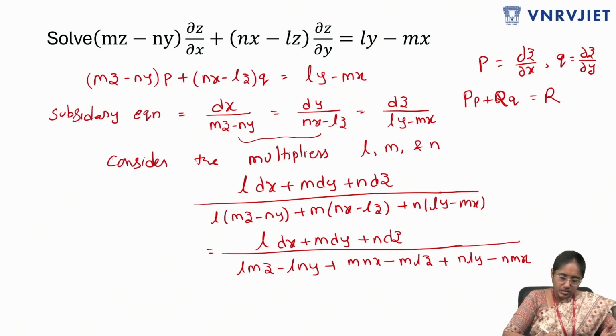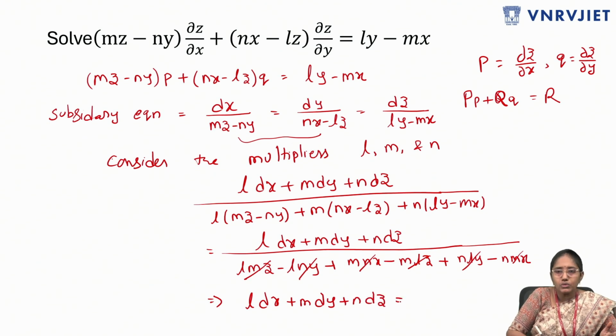So simplify this. All the numerator becomes 0. Then we will take it as l dx plus m dy plus n dz is equal to 0.